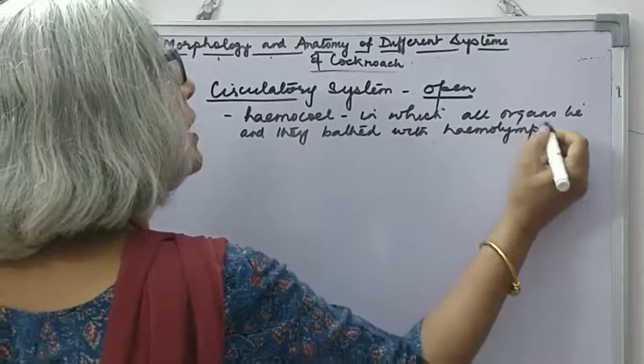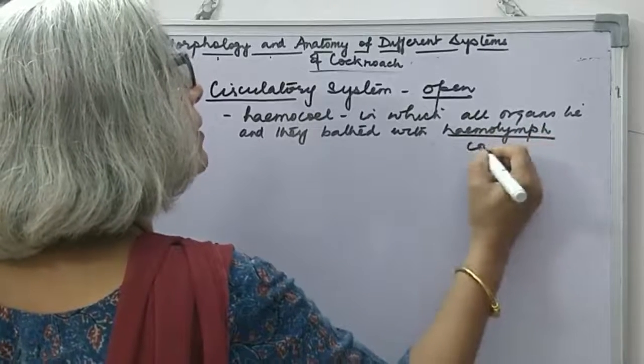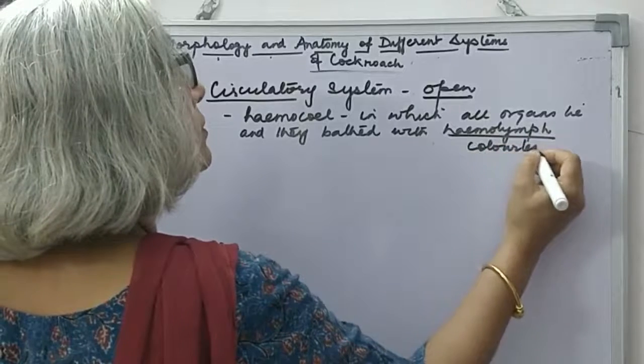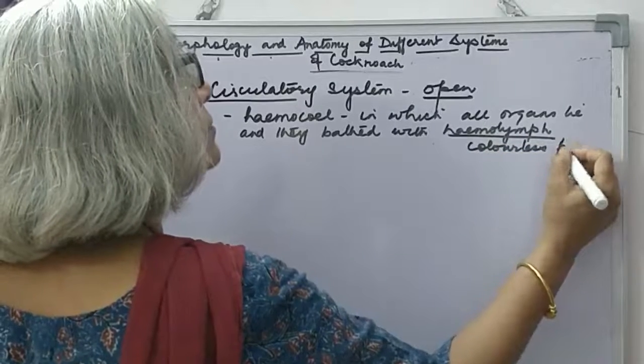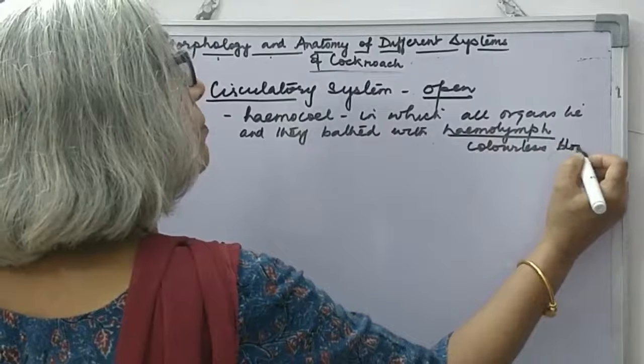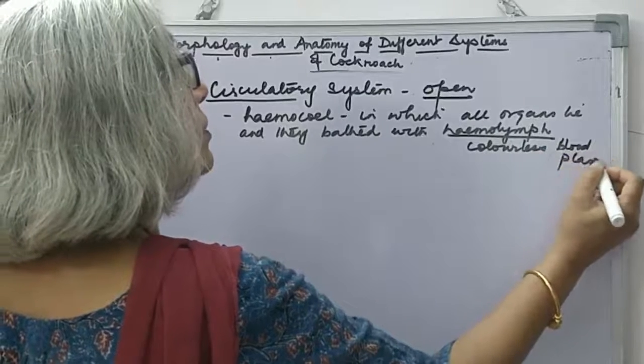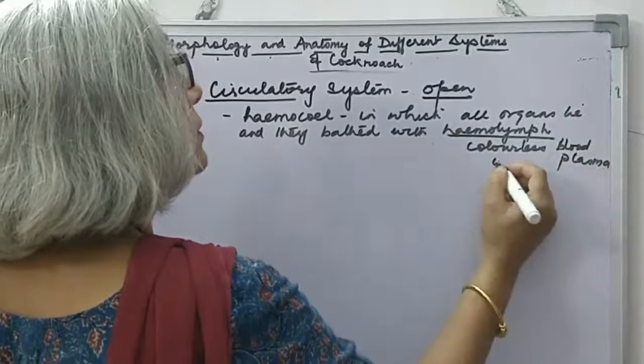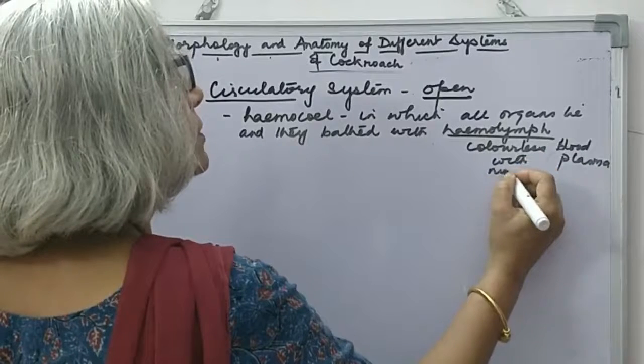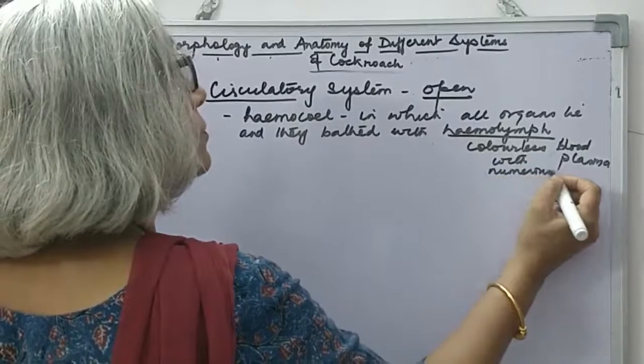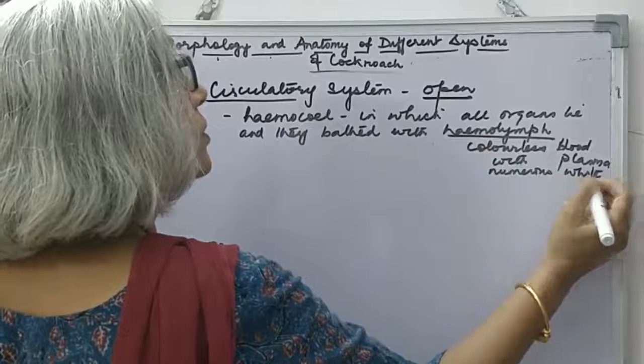Hemolymph is colorless blood, actually colorless blood plasma with numerous white cells, white corpuscles.